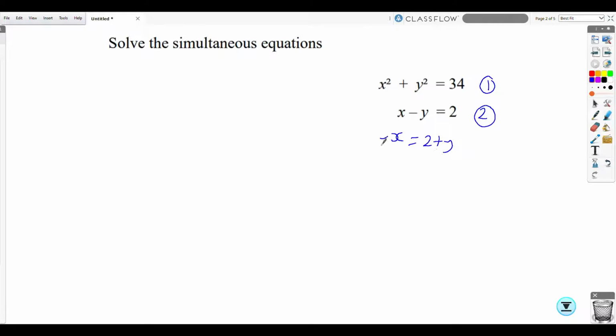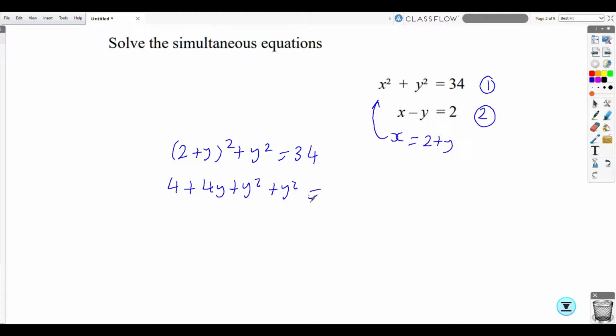Then I'm going to substitute that in here. So I'm going to get (2 plus y) squared plus y squared is equal to 34. If we expand, we get 4 plus 4y plus y squared plus y squared is equal to 34. If we simplify, we get 2y squared plus 4y. We've got 4 minus 34, which is minus 30.